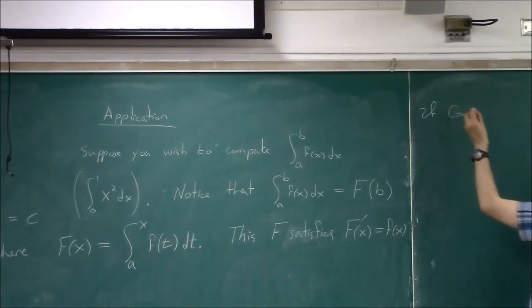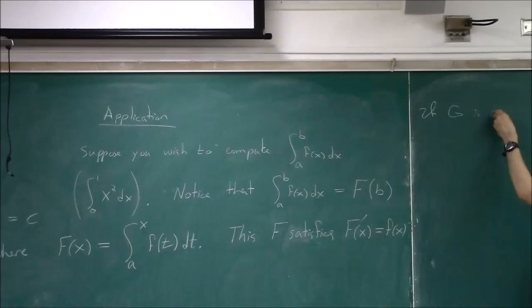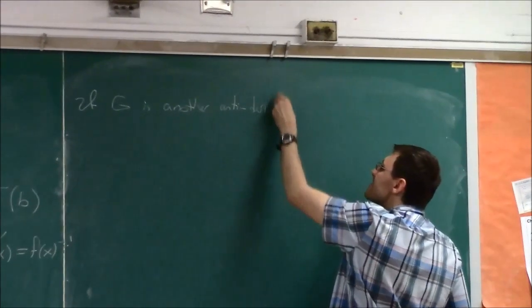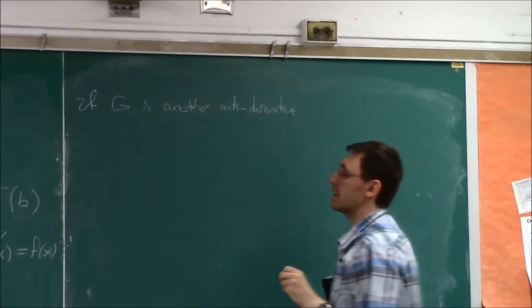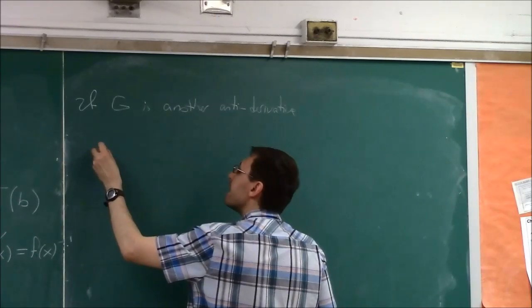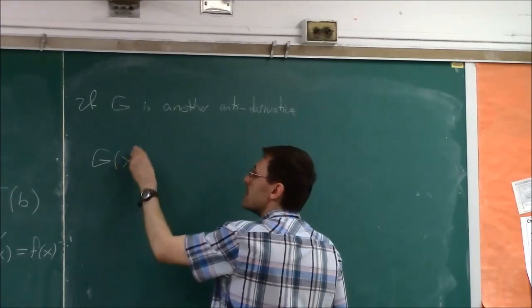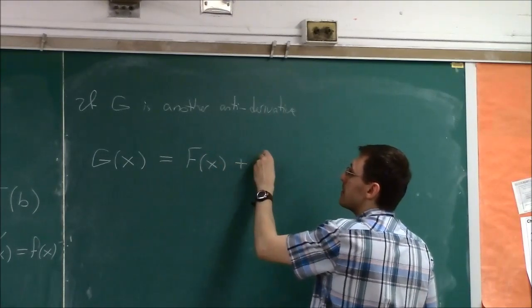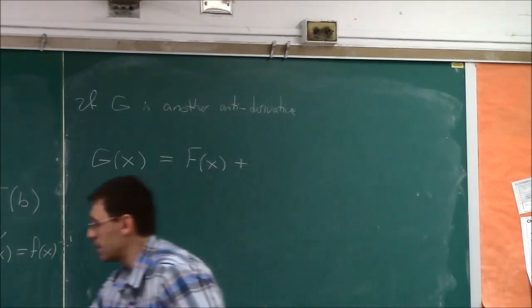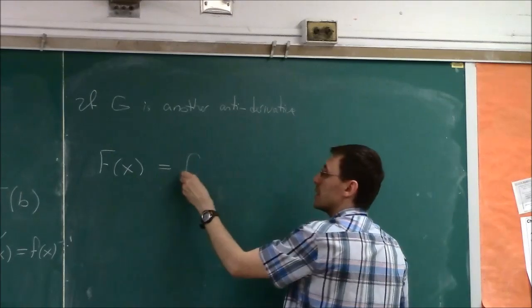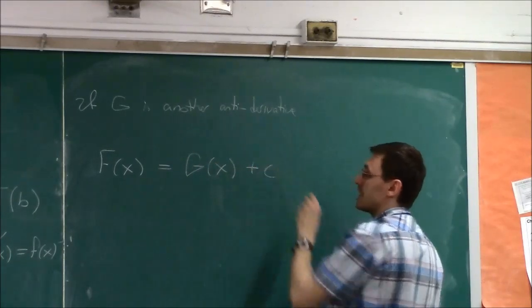If G is another antiderivative, then G of x has to equal, or better, F of x, the function that I need to come up with, has to equal that other antiderivative plus a constant.